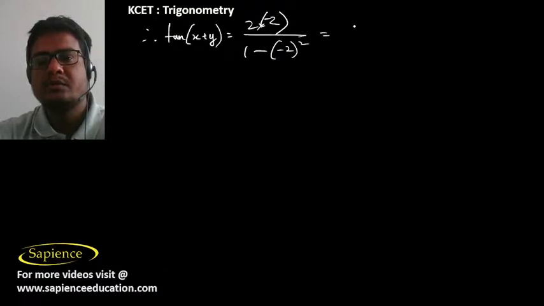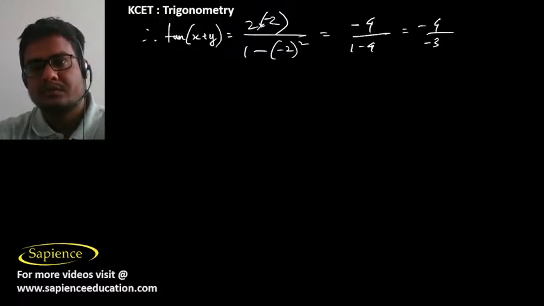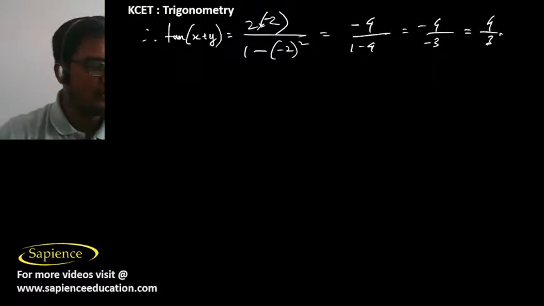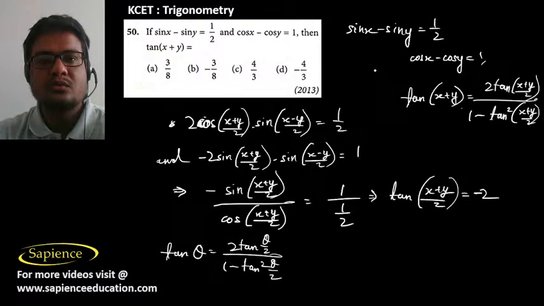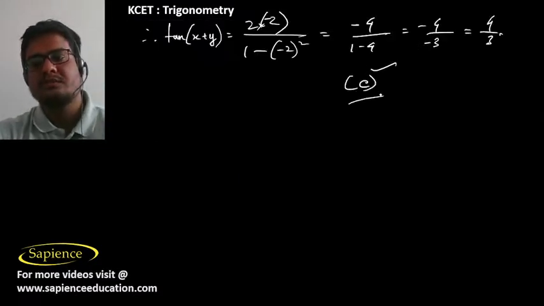So this will be minus 4 by 1 minus 4, that is minus 4 by minus 3, which is equal to 4 by 3. So tan of x plus y is equal to 4 by 3. So option C is the correct answer.